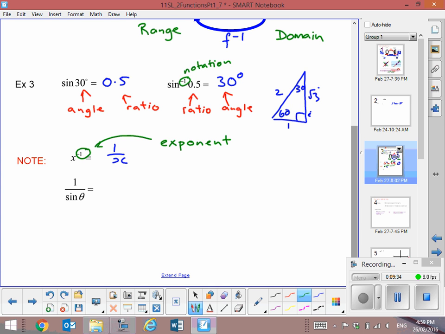So it's not saying take the reciprocal. So if I have 1 over sine theta, and I want to write that with index notation, we need to write it in a bracket. So sine theta to the minus 1. So that's how you show the reciprocal of sine theta, with the minus 1 on the outside of the bracket, not inside the bracket.